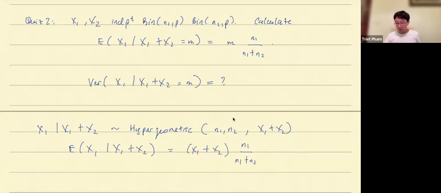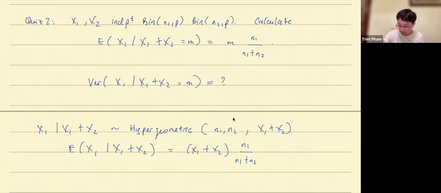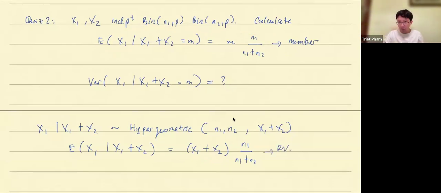And as you will see, now this will become a random variable. This is a number. It's very important that I even spread out. This is a number, meaning it's a constant, meaning it's not random. This is a random variable. Why? Because x1 plus x2 is a random variable.